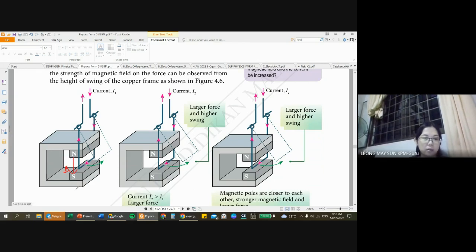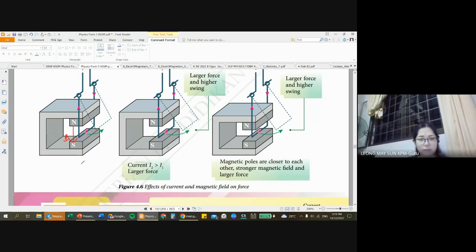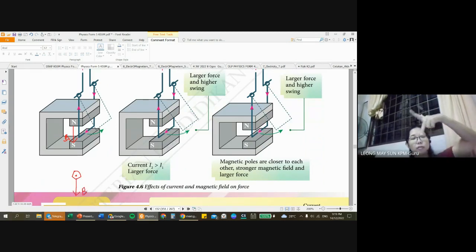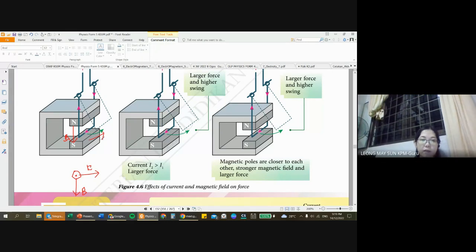On the wire, we see a dot, and the magnetic field is pointing down. So Fleming's left hand rule, let's cross check. Magnetic field pointing downwards, and the current is coming out. So the current should be pointing towards you, and your thumb will point towards the right hand side, the direction of the force. So that's why this one will move towards the right hand side.